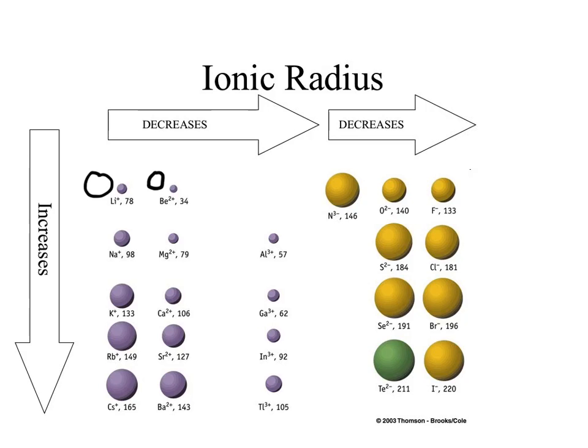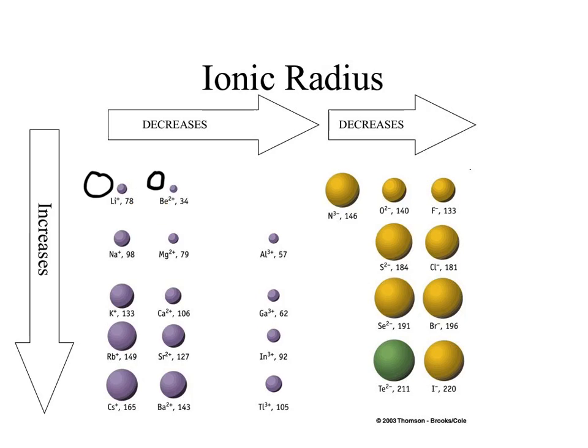So we still have the exact same pattern where lithium was bigger than beryllium. The lithium ion is bigger than the beryllium ion. You follow that? But the lithium ion is smaller than lithium, and the beryllium ion is smaller than beryllium. But lithium was bigger than beryllium, so the lithium ion is still bigger than the beryllium ion. So it still follows the same patterns that we did before.